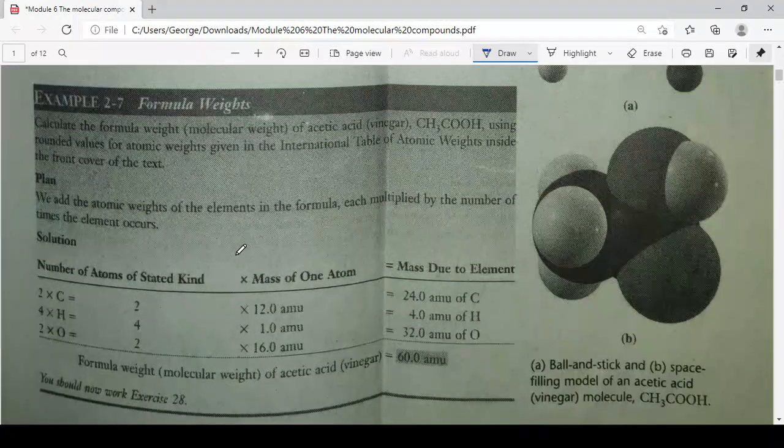So for example, we calculate the formula weight of acetic acid. Your acetic acid is CH3COOH. Again, your acetic acid is CH3COOH.